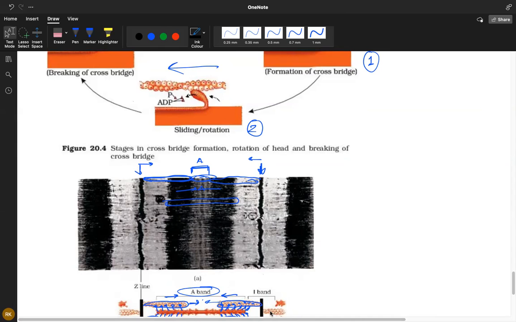So the other actin, depending on in which direction you want the muscle to contract. So for example, in our biceps, when we flex or when we shorten the arm or close the arm, the biceps get contracted and hence there is a bulge in the bicep, right? So the muscle is contracted and coming together and making a bulge. So this whole I band reduces.